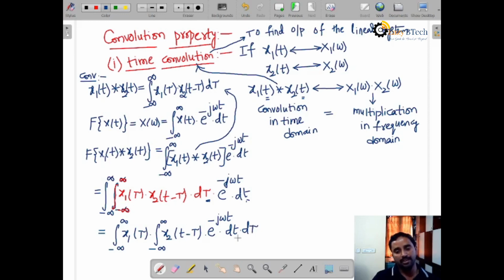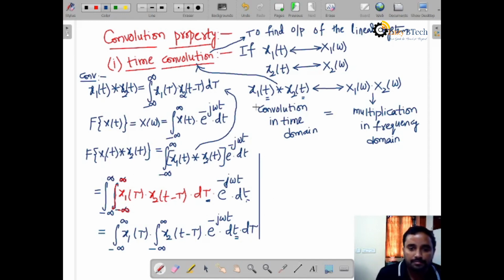So this is the t integration; I am writing the t terms in the middle integral, and the total is again integration by tau. This is the arrangement we are doing.